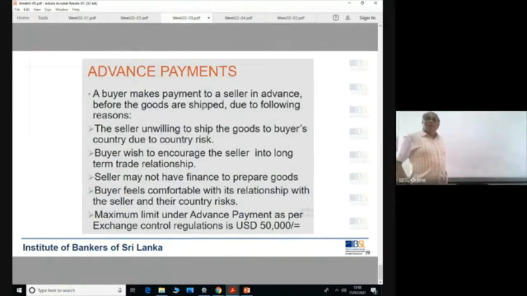For open account transactions, what is the limit for open account transactions in Sri Lanka? What is the limit? Please jot these things down.